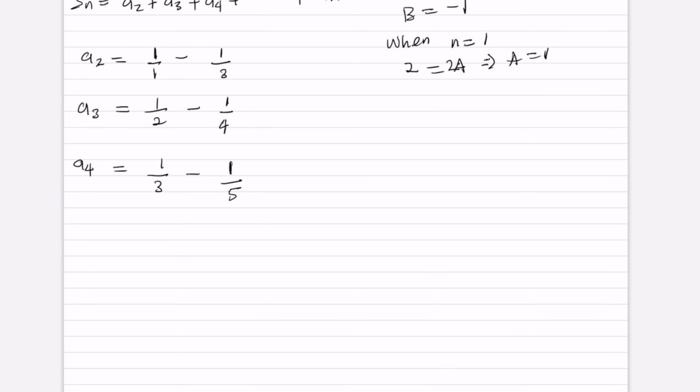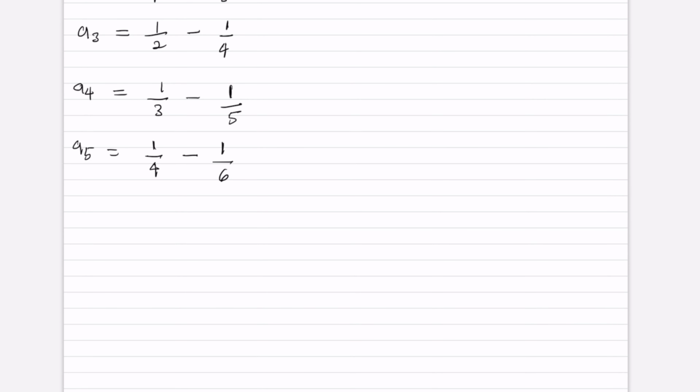Do you see that? a5 is 1 divided by 4 minus 1 divided by 6, right? How about a6? a6 is 1 divided by 5 minus 1 divided by 7.